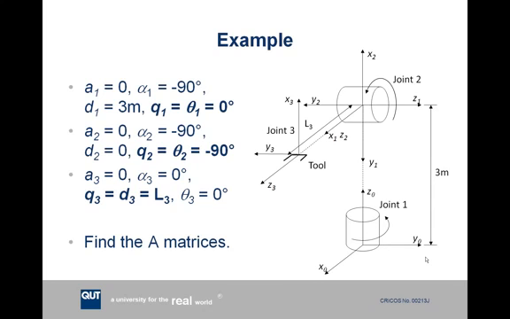You can go through and do the same process to work out the 4 DH parameters for the second reference frame and for the third reference frame, and you should get the answers on this slide. The next step, of course, is once we've got these 3 sets of 4 DH parameters, we need to find the actual A matrices so we can work out our overall transformation.